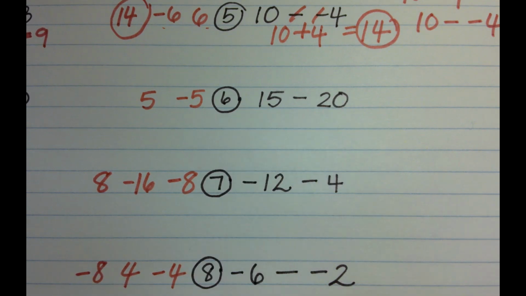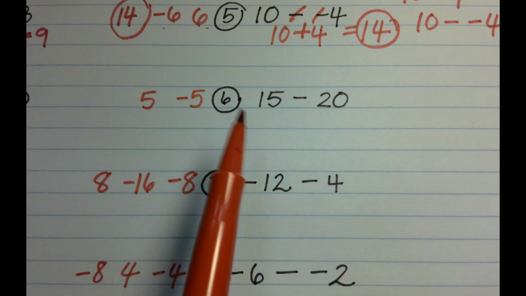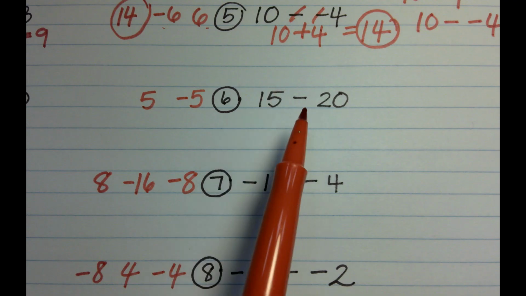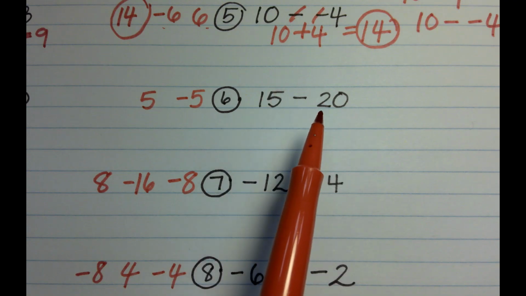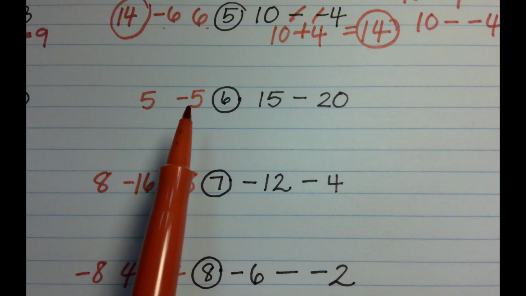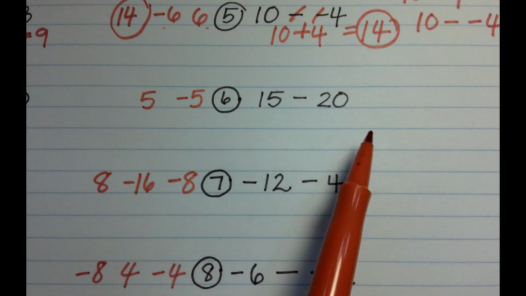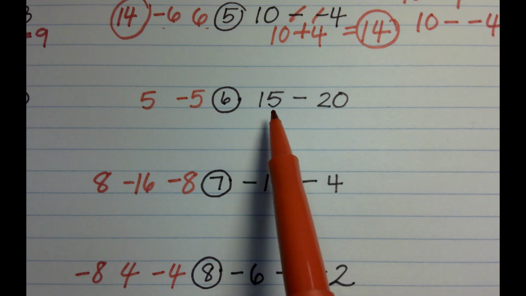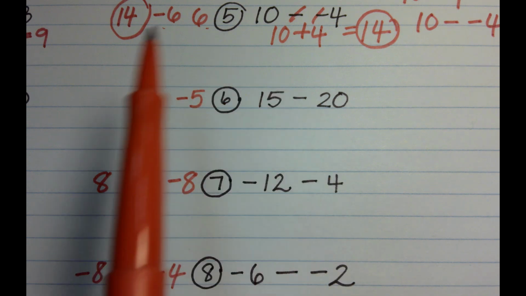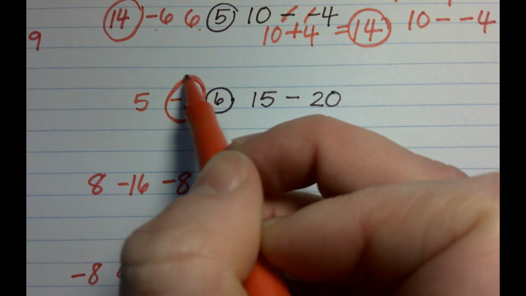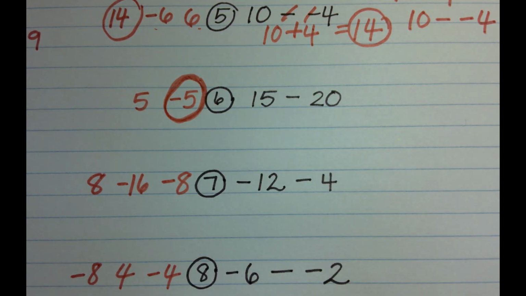If I take away more than I have, I am now in the negative. It's like if I have $15 on my debit card and I go spend 20 bucks at the store, I'm going to have a negative $5 balance. I'm going to owe money because I spent more than I had. So if you subtract more than the original number, you will always get a negative number. So, -5.